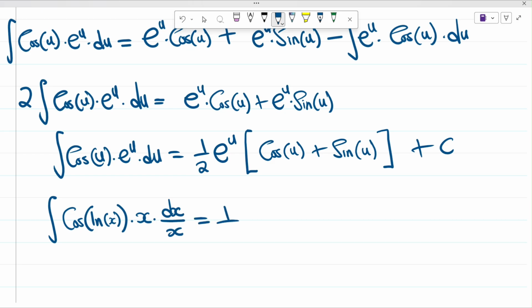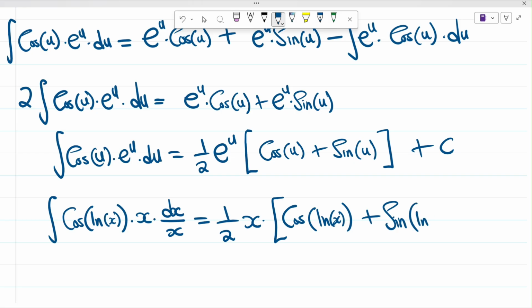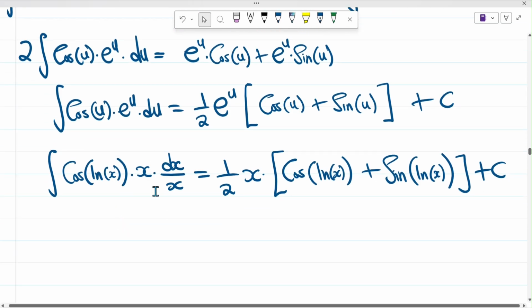And then I do the same thing. Where there is e to the power u, I know it's equivalent to x, and then I copy the same things here. So this is going to be cos of, where there is u, I substitute ln of x, I close, plus sine of ln of x, again I close, and then plus c. Then I realize that on my left hand side I've got an x, and then they cancel out.